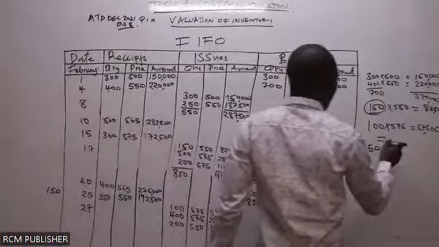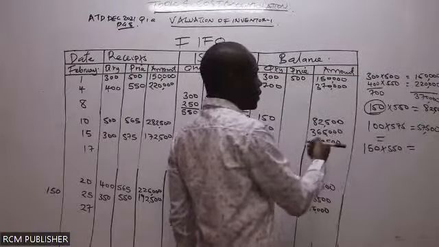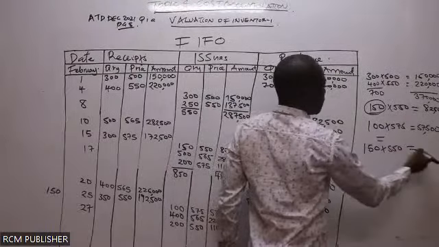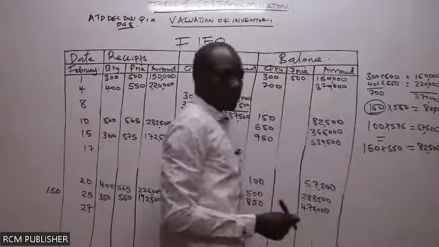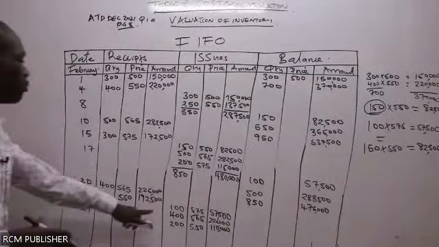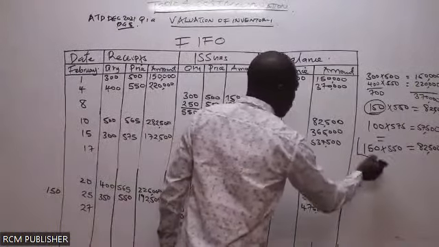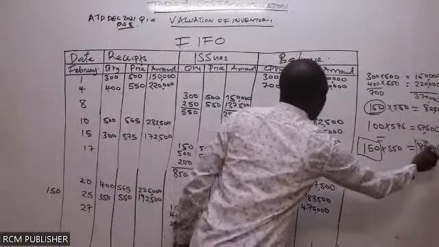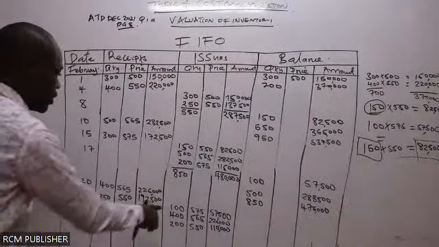So let's take 150 by 550. That is 82,500. What is remaining is for us to compare. Do we have units of 150? Do we have the value of that closing inventory of 82,500? That is what we are yet to confirm.